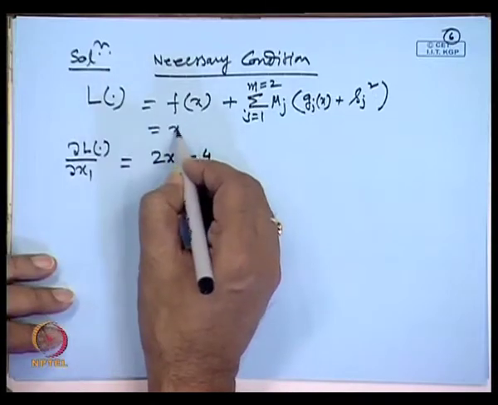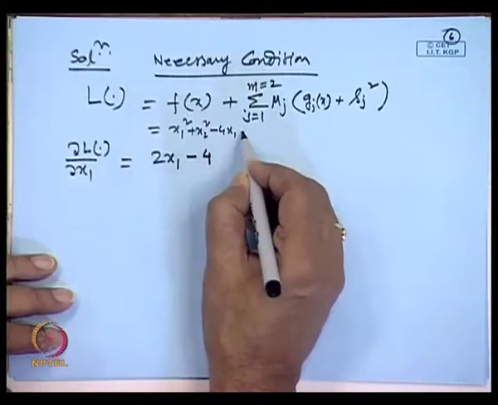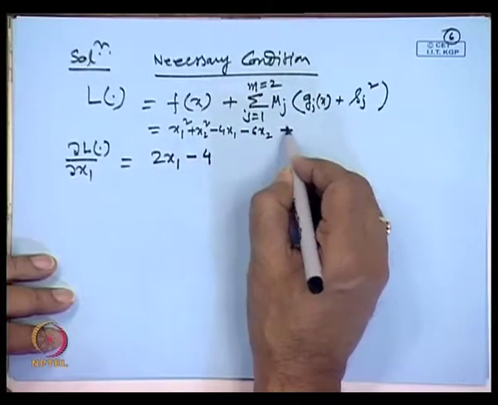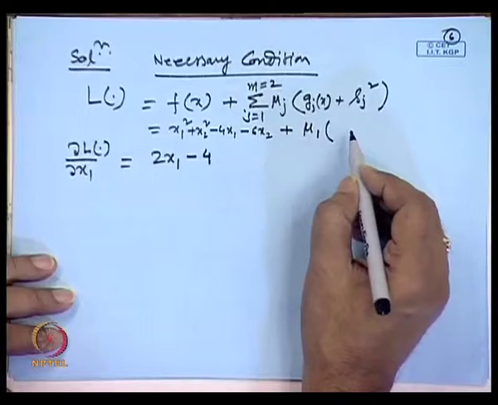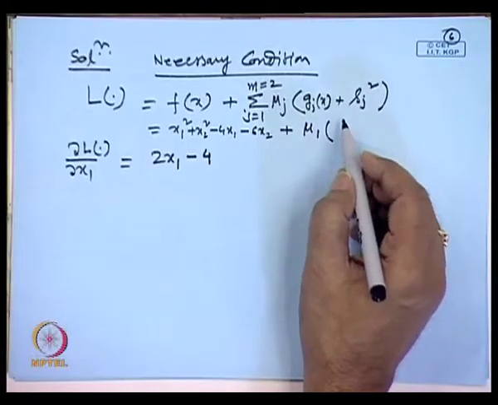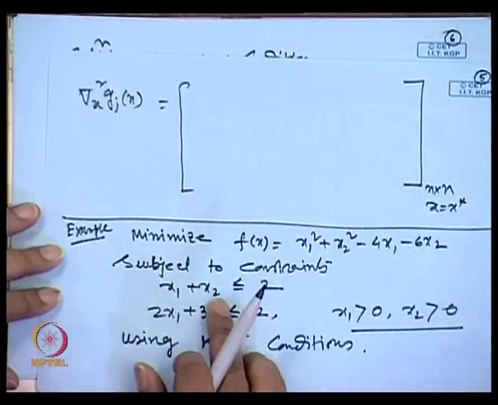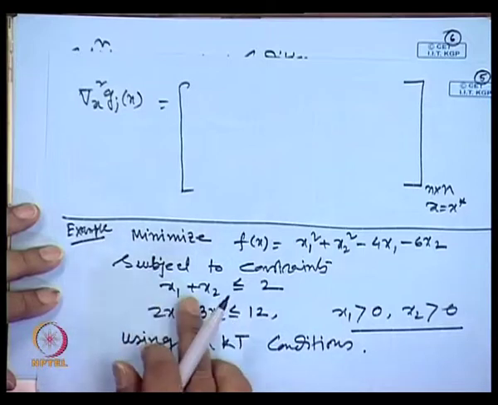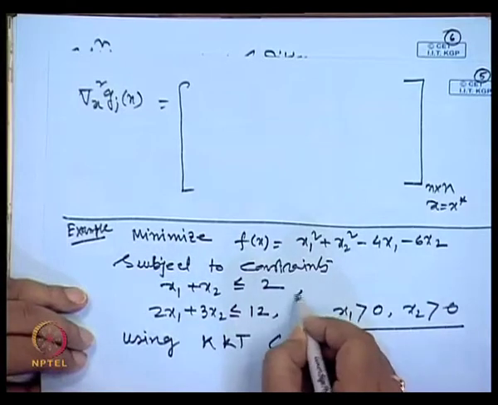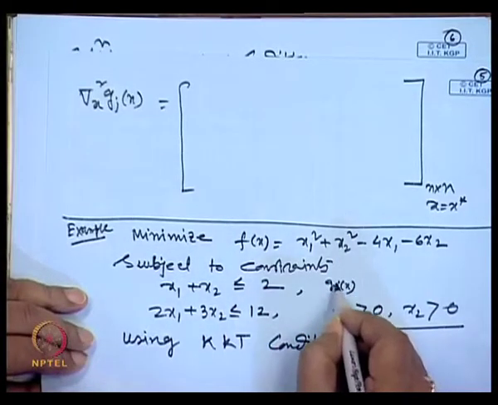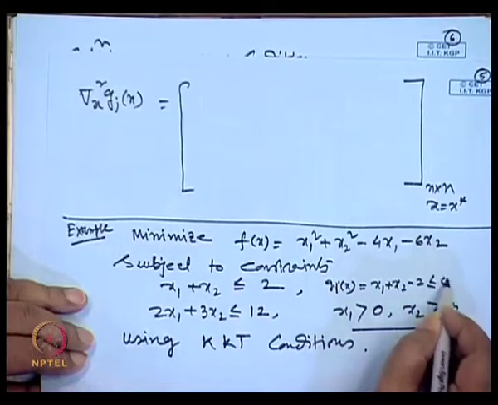It is x 1 square plus x 2 square minus 4 x 1 minus 6 x 2 plus mu 1 g 1 of x. I can write g 1 of x is equal to x 1 plus x 2 minus 2 less than or equal to 0.